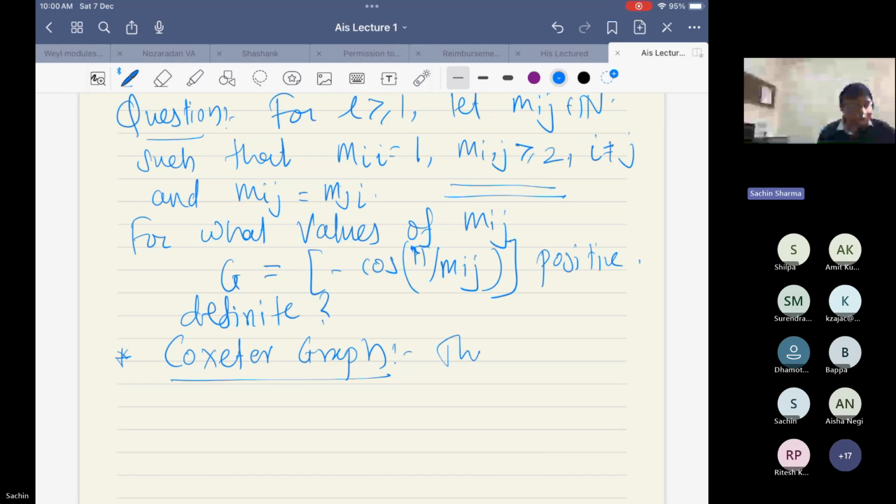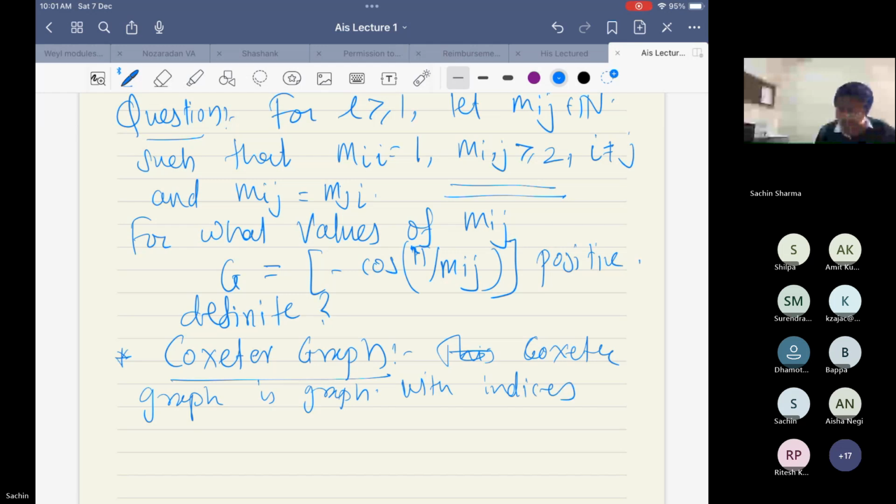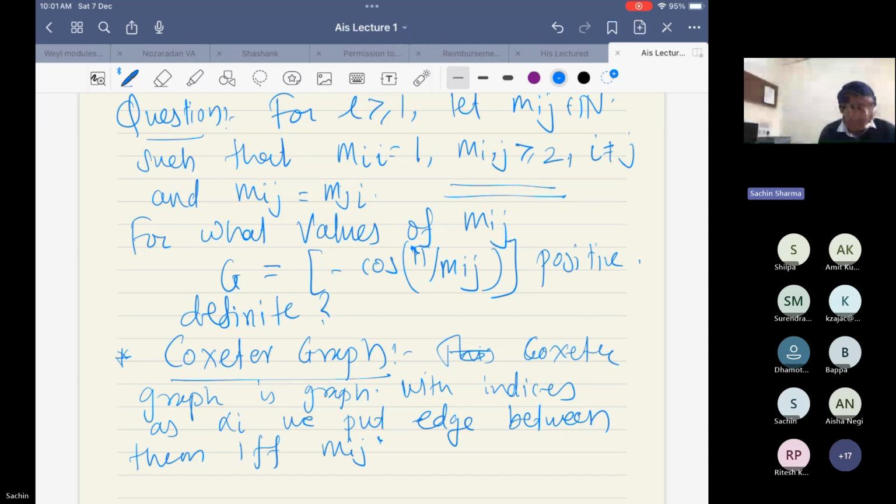This is a usual graph, with the indices as the alpha i's as vertices, and we put an edge between them if and only if Mij is greater than 3.